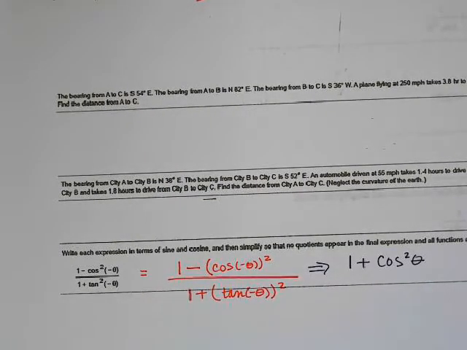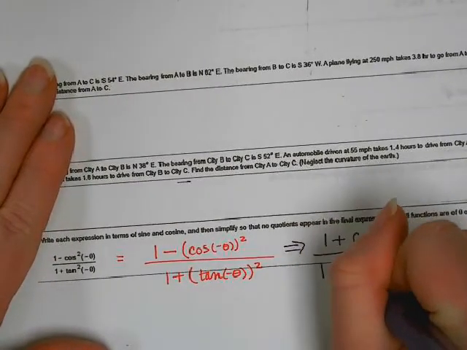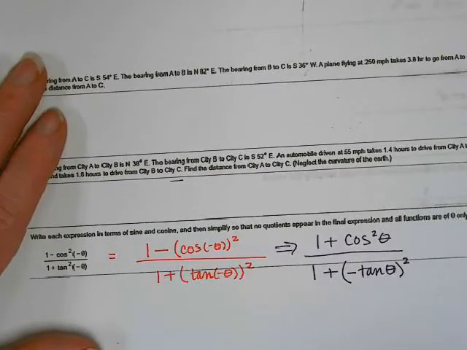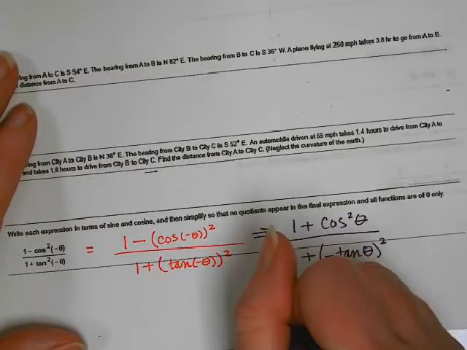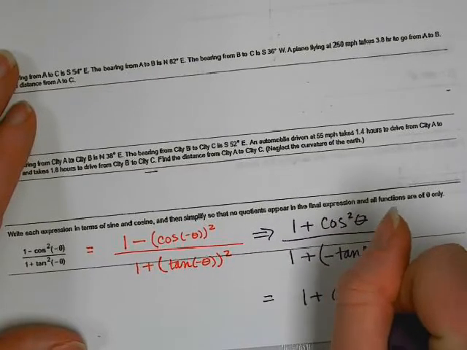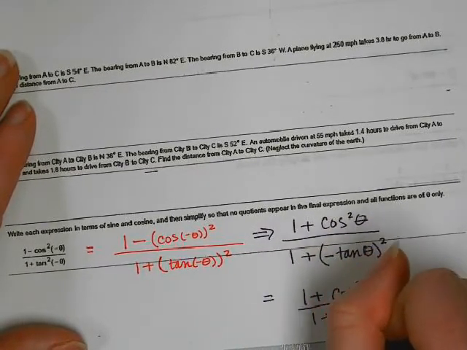So tangent negative theta equals negative tan theta. So that would be 1 plus negative tan theta squared. But if I square negative tan theta, it's positive. I just want to make sure you don't mess your signs up. So I end up with 1 plus cosine squared theta over 1 plus tangent squared theta.